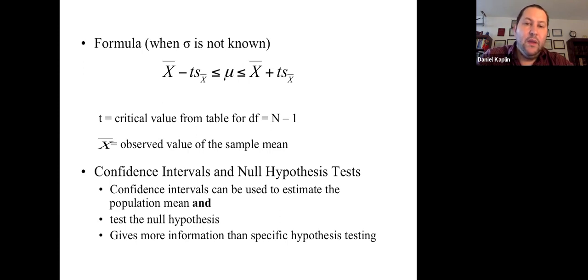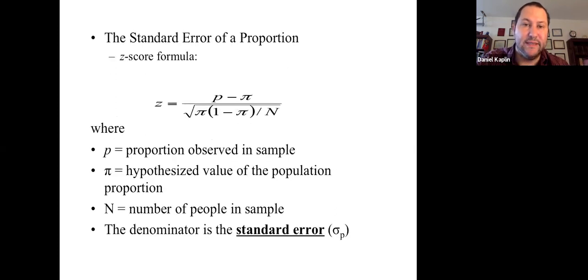All right. So in terms of confidence intervals and null hypothesis testing, confidence intervals can be used to estimate a population mean if we had to, or to test the null hypothesis, right? And then obviously this gives us more information as we do hypothesis testing.